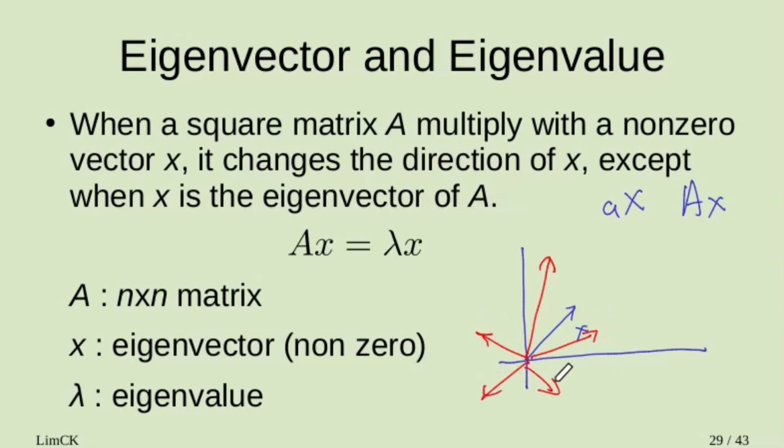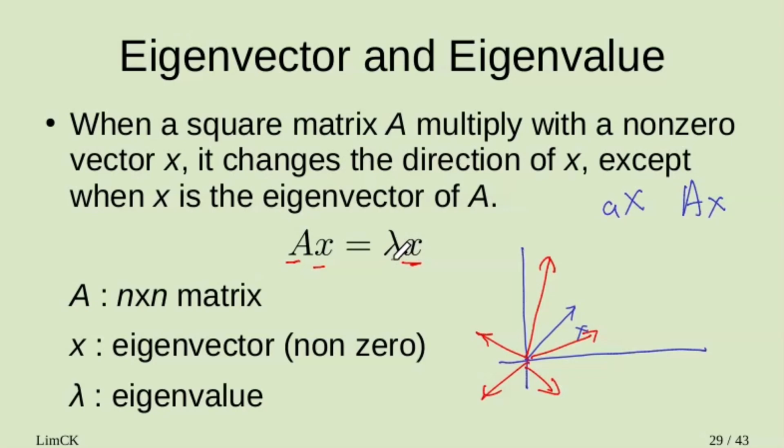This is quite likely. But for some matrix and vector, after you multiply the matrix with the vector, you get back the vector with a different magnitude or even the same magnitude only. So it's just like the vector multiplied with the scalar only.